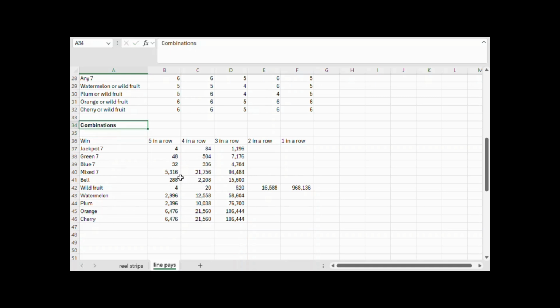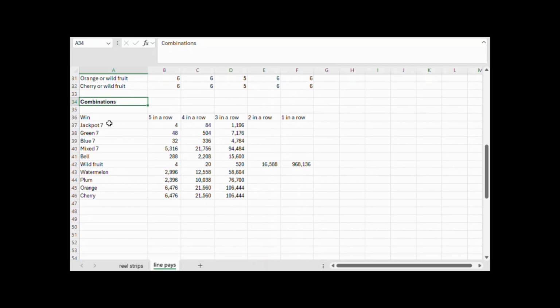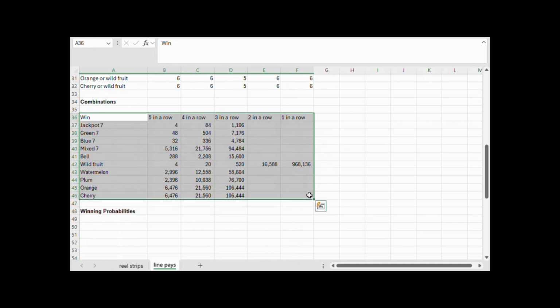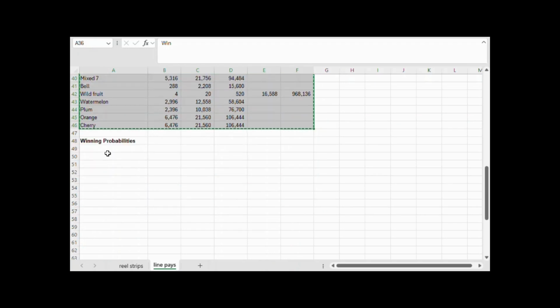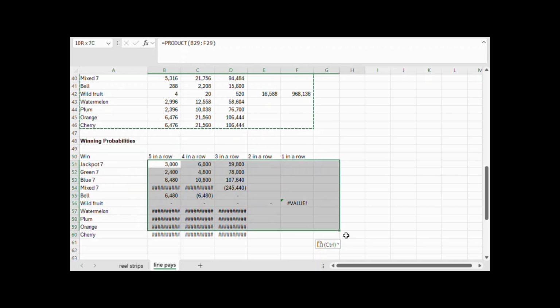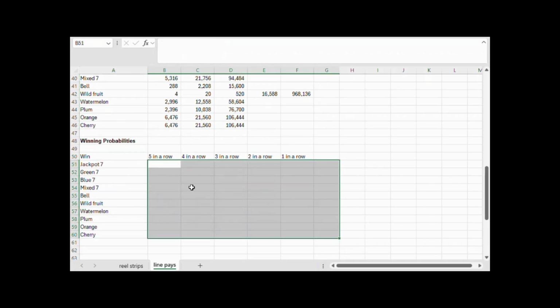And now let's do winning probabilities. So let's copy and paste this table down and delete the numbers from it.